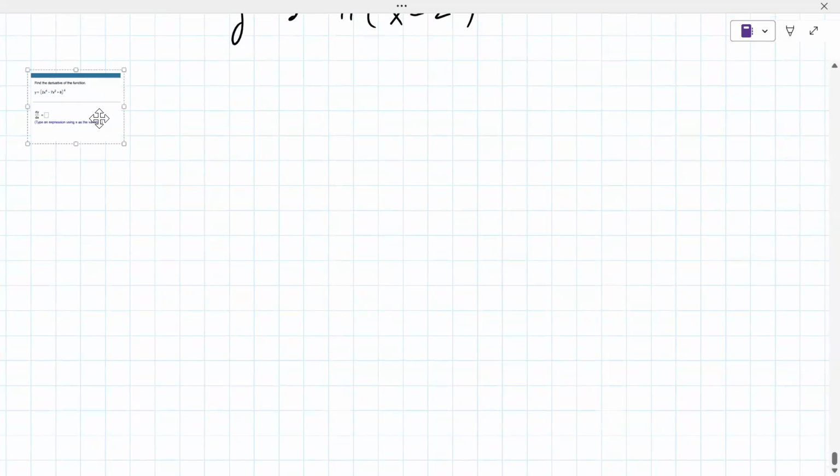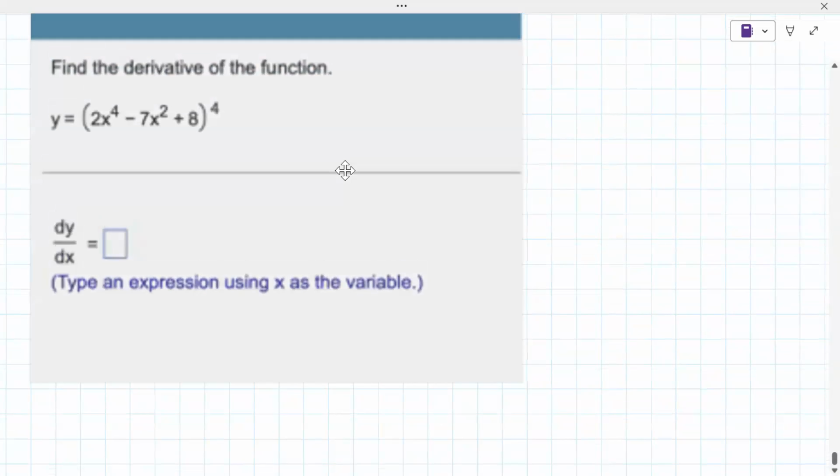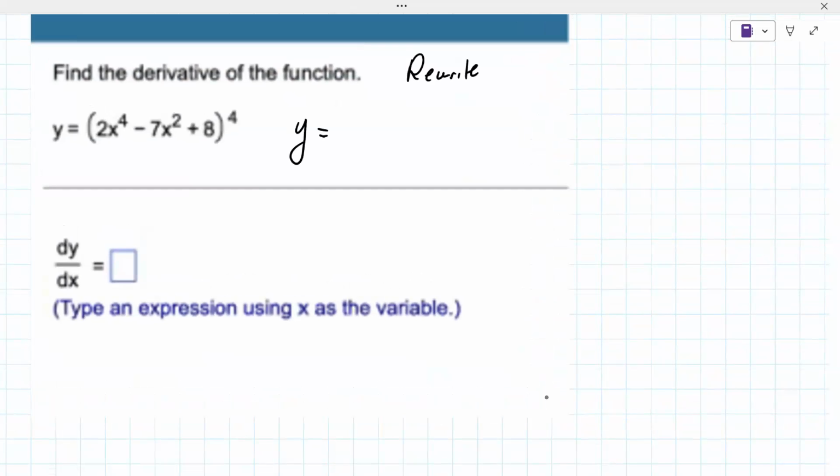Unfortunately, the next one has to be done by hand. It's a couple in a row here that the calculator will not help very much. So we're back to doing some rewrites. So the rewrite here is to treat this as y equals u to the power of 4. And u is really the 2x to the 4th minus 7x squared plus 8.